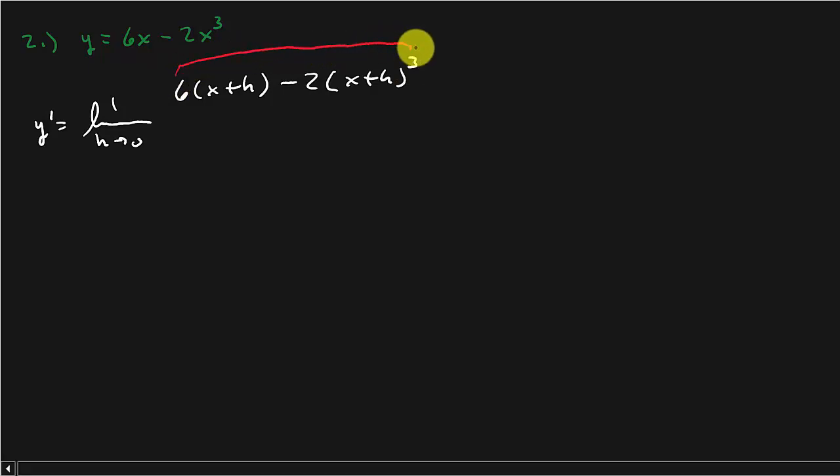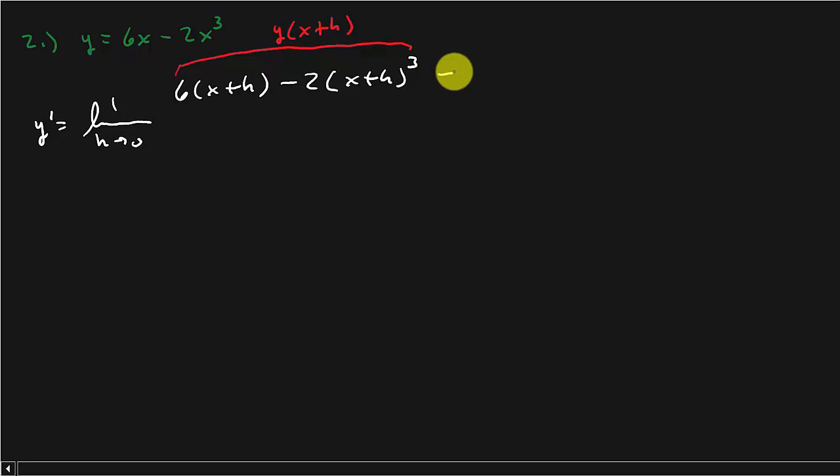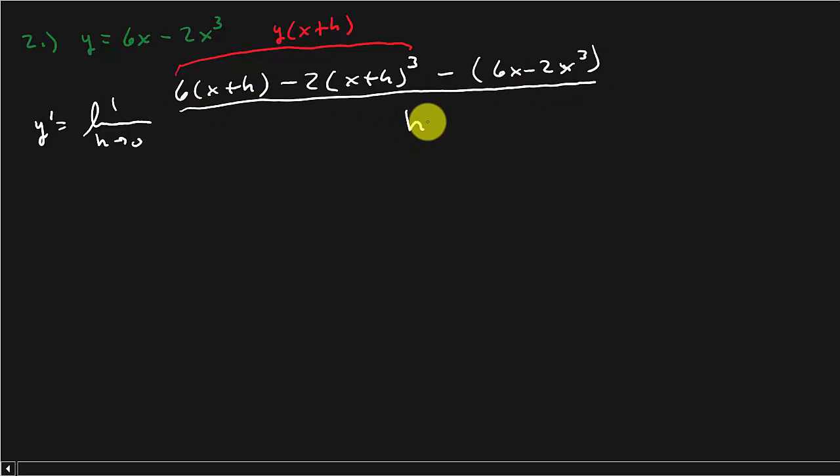In this case they use y, so this would be y of x plus h, whatever variable they're using. And then that's minus y of x, which is 6x minus 2x cubed, and that is over h. And this is your y, or your y of x.